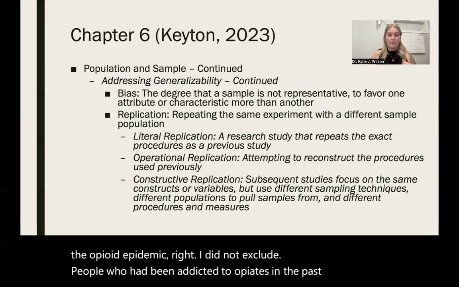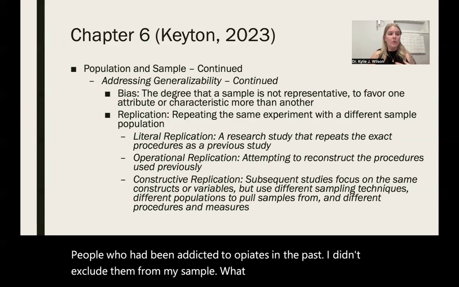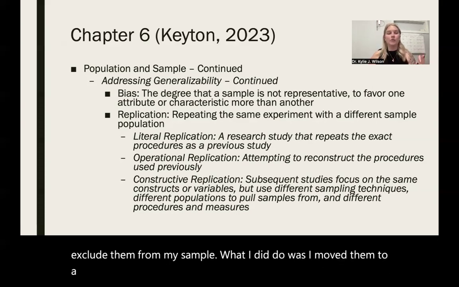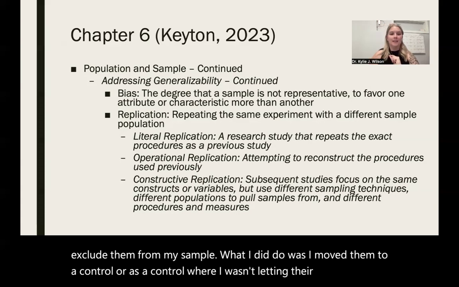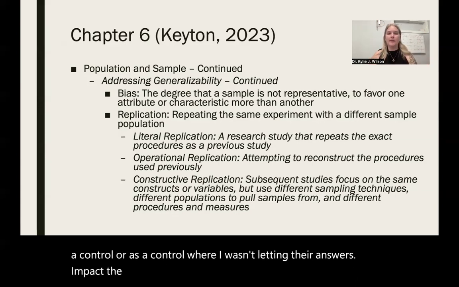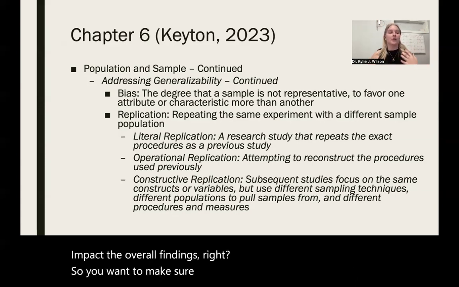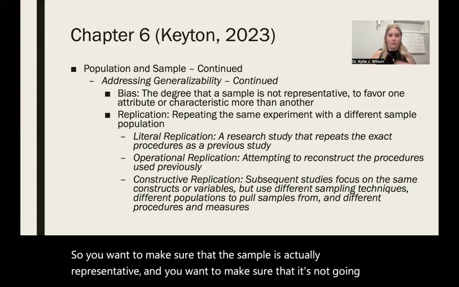I didn't exclude them from my sample. What I did do was I moved them to a control where I wasn't letting their answers impact the overall findings, right? So you want to make sure that the sample is actually representative and that it's not going to favor one or the other.